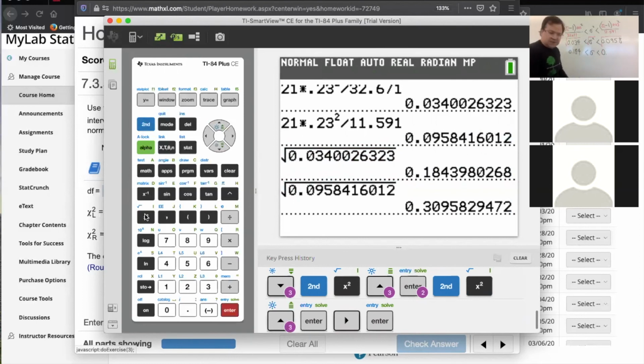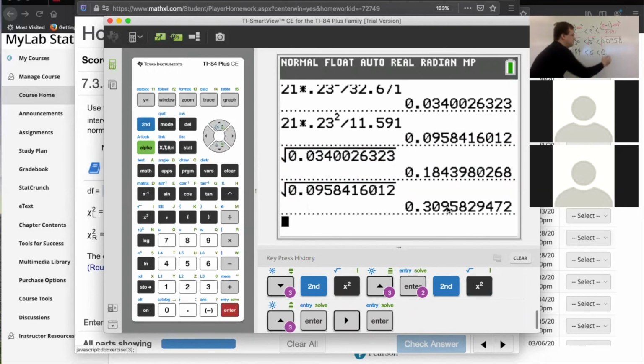In this case, I see 309, but after the 9 comes a 5, so I'm going to round that 9 up to a 10. 0.310. In summary, my sample standard deviation was 0.23, so I would expect the population standard deviation to be somewhere between 0.184 and 0.310, at least with 90% confidence.